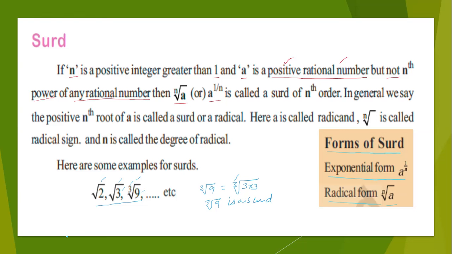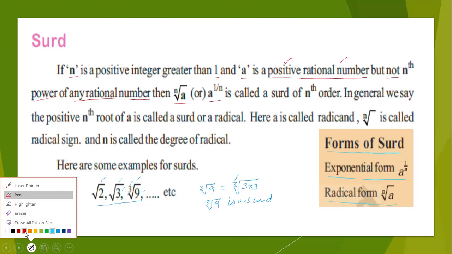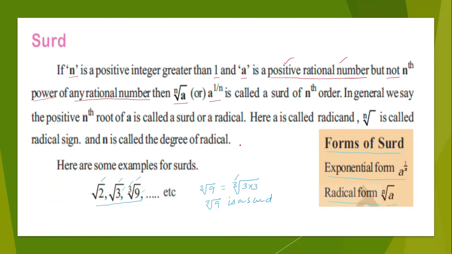Here is one more point you may remember: there are some names in this. In the nth root of a, a is called the radicand, and the nth root symbol is called the radical sign, or radical symbol, whichever you like.